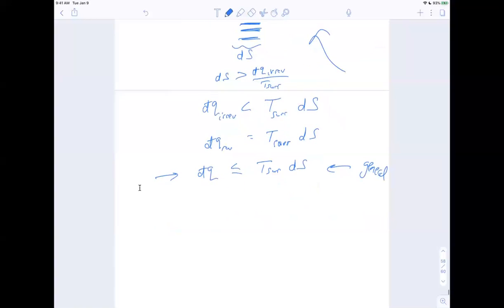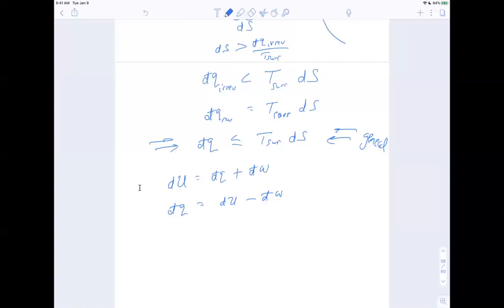One final thing. Once I have this, I can go back to the fundamental equation. Remember, that was just dU is equal to dq plus dw. Let me isolate dq. What I'm going to do is write dq is equal to dU minus dw. But I know dq from this, that's going to be less than or equal to T surroundings times dS.